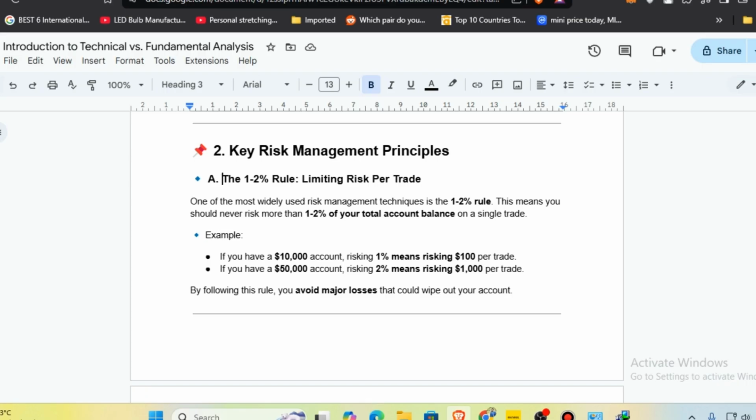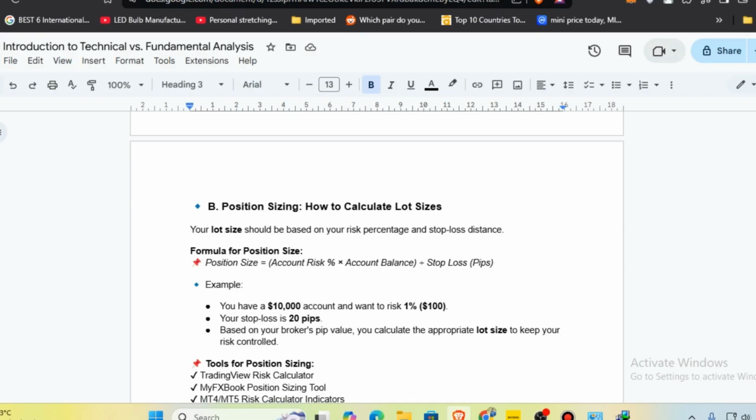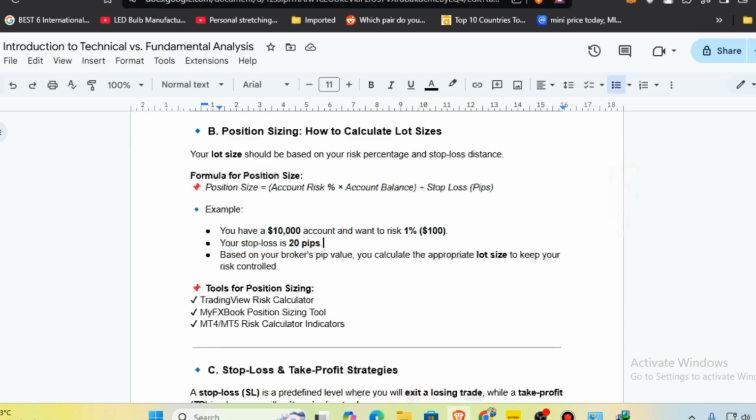Because if you lose, you will only lose $10 or $20, but when you get a reward, you can easily get $30 or $50. This is the simple 1:3 risk to reward ratio, and the same thing we will try to apply in our expert advisor. Okay, so how can you calculate your lot sizes?